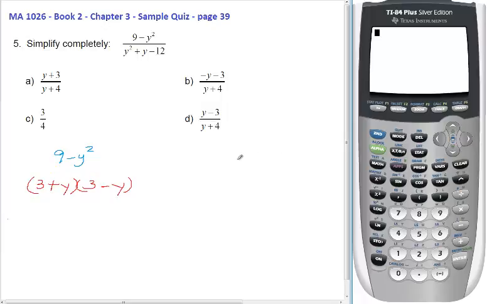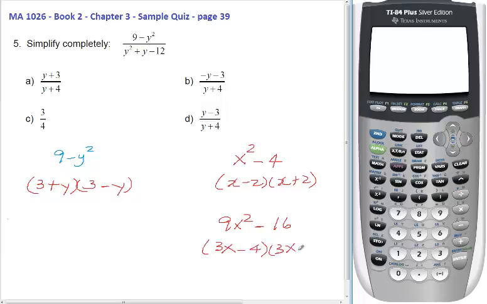Now you're probably used to seeing it with the squared term first, like x squared minus 4, which is x minus 2, x plus 2. Or 9x squared minus 16, which will be 3x minus 4 times 3x plus 4.